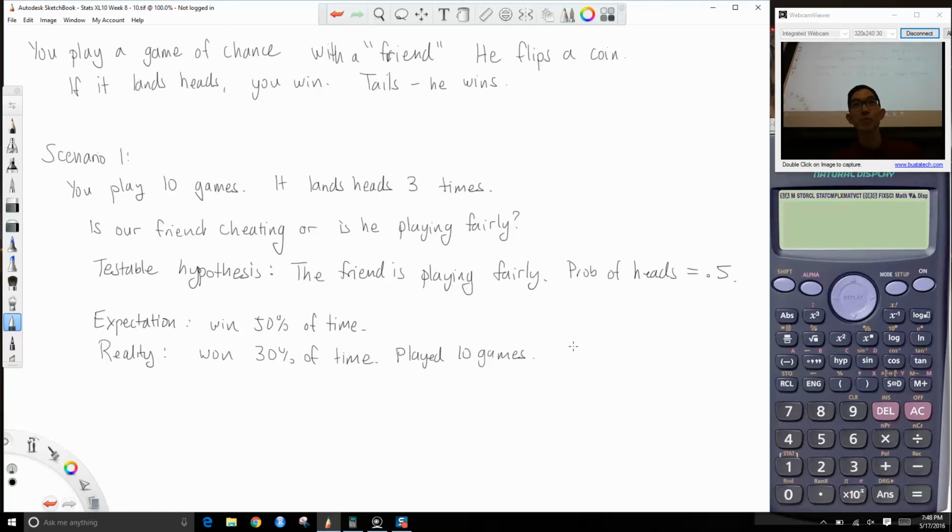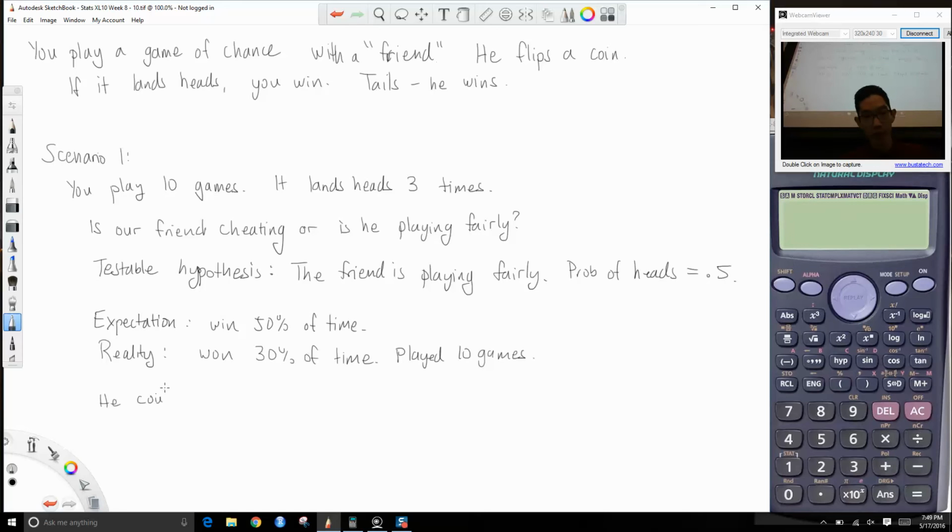Like he could be cheating, we don't know. He might be smart about it, and he's cheating in such a way that he's only going to win just a little bit. But if we were to accuse him of cheating, he just says, no, you just got unlucky, and we don't really have an argument against that, right? So he could be cheating, but it's quite possible to just get these results just from bad luck, right?